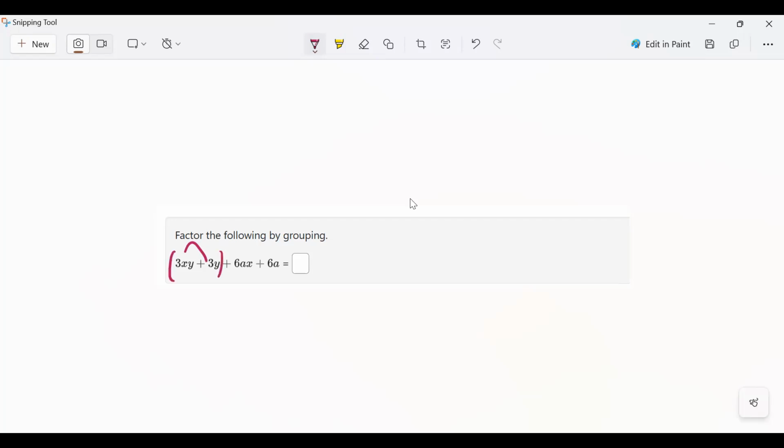We want to make parentheses. For the first two terms, the GCF is going to be 3y. Take the 3, take the y.